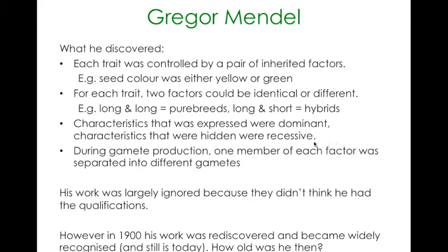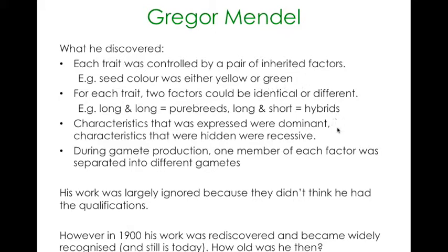And he discovered that in those characteristics, some of them were what we call dominant, and others were recessive. In other words, the ones that were dominant seemed to always take the lead whenever he crossbred two types together. So if he crossbred, for example, a green seed with a yellow seed, he found that the yellow seed always came up in the offspring, whereas the green one didn't.